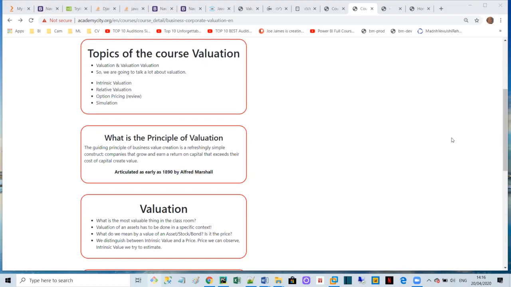And then you say, okay, if a very similar house was sold for such and such, that's what I'm supposed to pay. That's called relative valuation. You're comparing your asset to similar assets with similar characteristics.